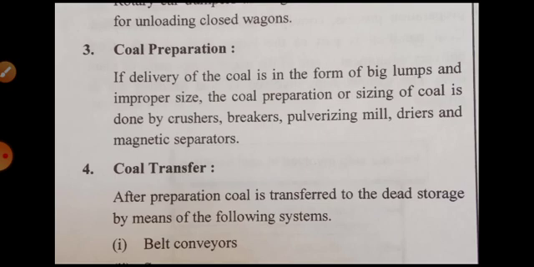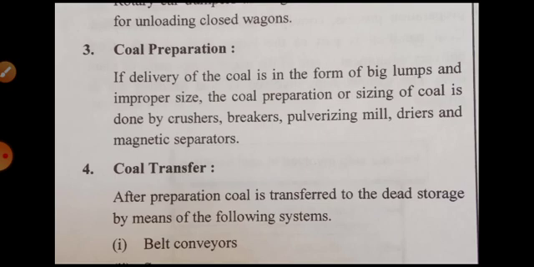The coal comes in the form of, I will say, big stones. Then you cannot directly add it to the furnace. What will it cause? It will cause lesser efficiency, because it will not burn efficiently.